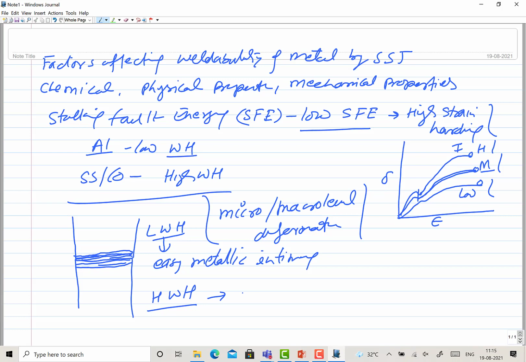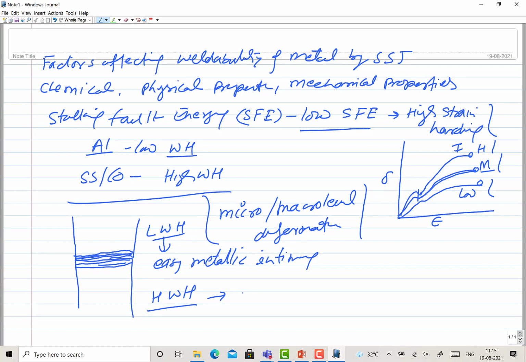So you need a much higher level of stresses. So the point here is some of the metals will be getting work hardened very rapidly and they will resist the deformation. So they will resist the closeness, which means the metallic intimacy will be reduced, and if it is reduced, all the diffusion or the metallurgical interactions which are expected for the metallic continuity by solid state joining, all that will be adversely affected.